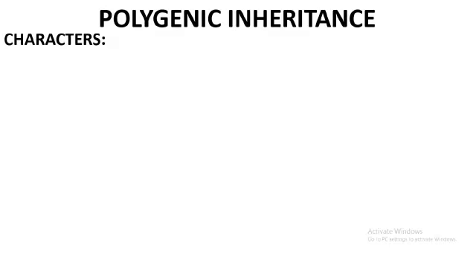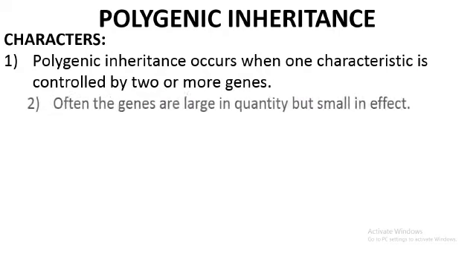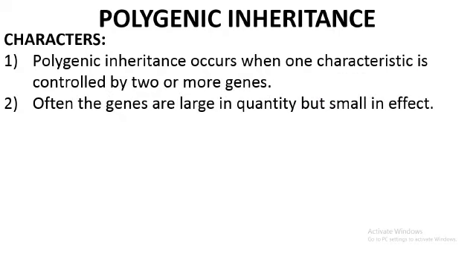So there are certain characteristic features which polygenic inheritance follows. Let us list them one by one. Polygenic inheritance occurs when one character is controlled by two or more genes. According to Mendel, one character is controlled only by two genes, but here more than two genes control a single character. Second important characteristic: the genes which bring about polygenic inheritance are large in quantity but small in effect.